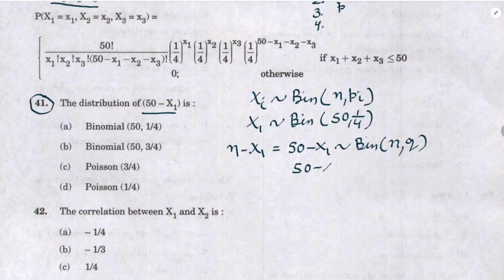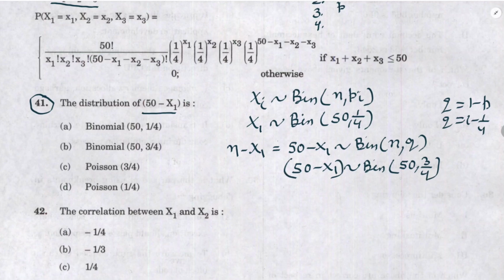So 50 minus x1 will follow binomial distribution with n equals 50, and q, we know q is 1 minus p, and the value of p is 1 by 4. So the value of q will be 3 by 4. So the distribution of 50 minus x1 is binomial 50, 3 by 4. So option B is correct.